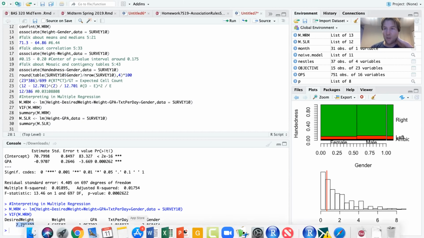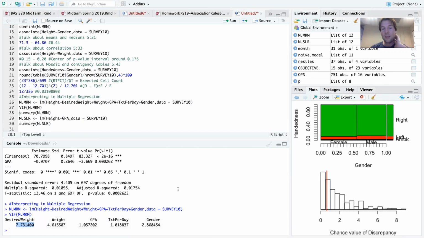Variance inflation went up with desired weight too. And GPA actually didn't. Wow, I stand corrected. GPA does something meaningful by itself, but it's pretty happy not being variance inflated. So I was pretty wrong that it has an entangled variation with gender.